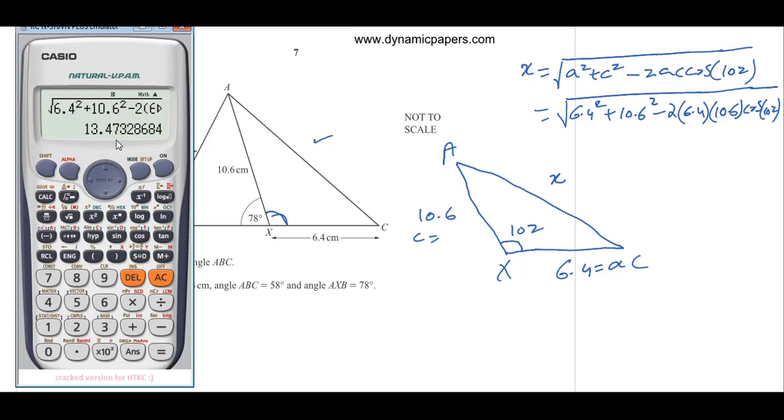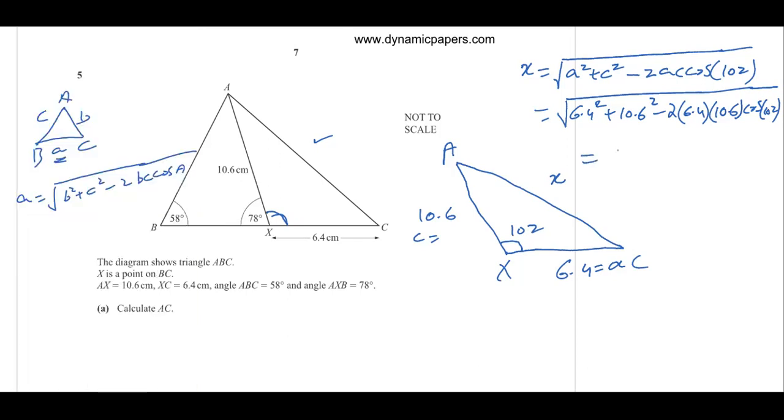So 13.47. That I can round, so we'll get 13.5 centimeter. That was our first part where we were asked to find AC. So we found AC using the cosine rule.